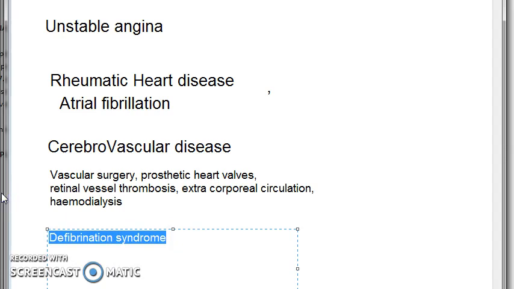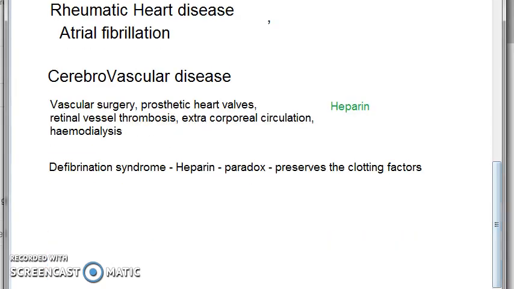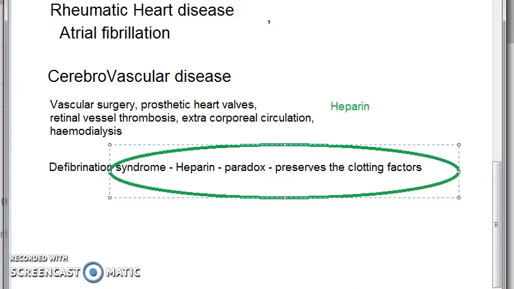The coagulation factors get consumed for the formation of microclots and blood is incoagulable. The strange thing here is you give heparin and it will control bleeding. It's a paradox: it preserves clotting factors and hence it will stop the bleeding.